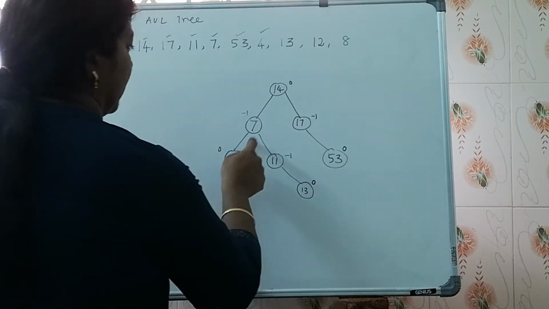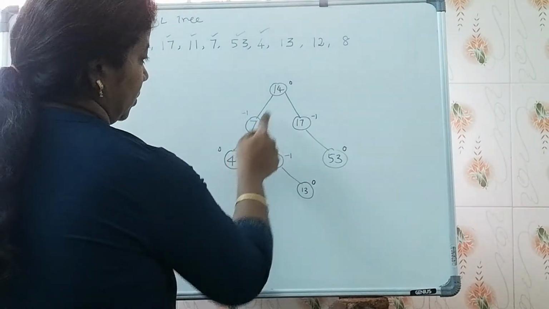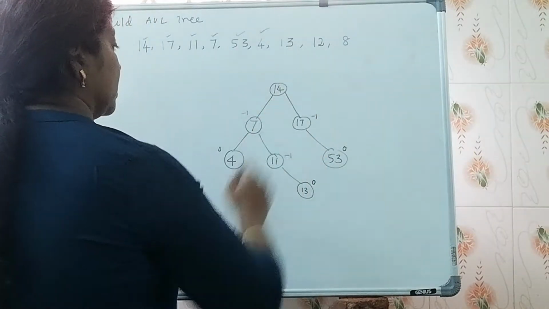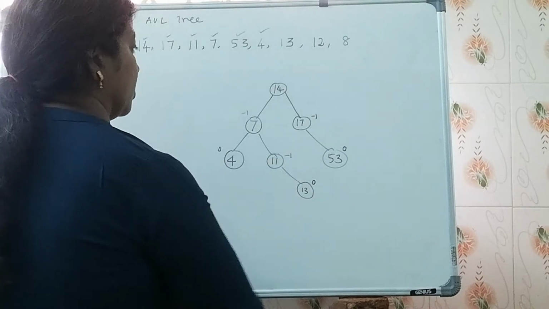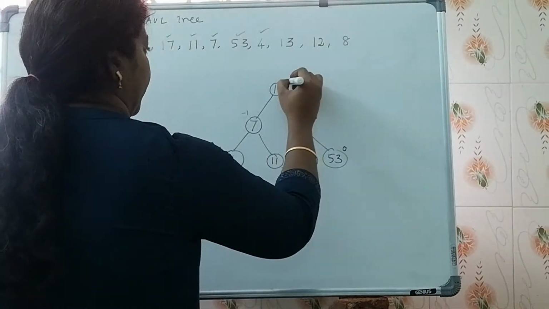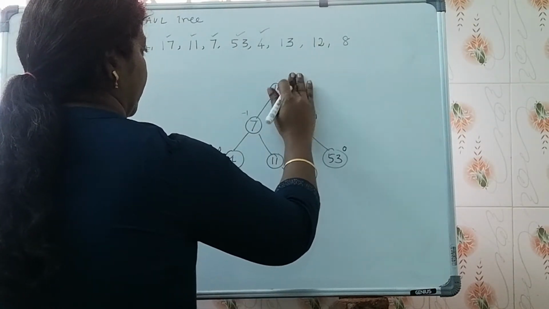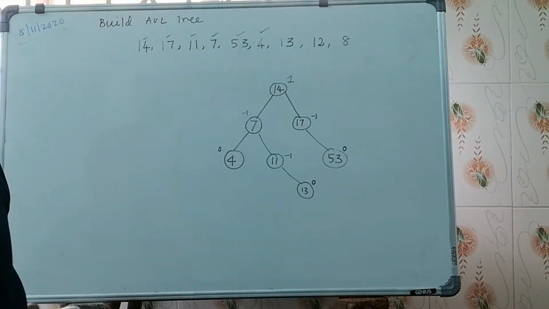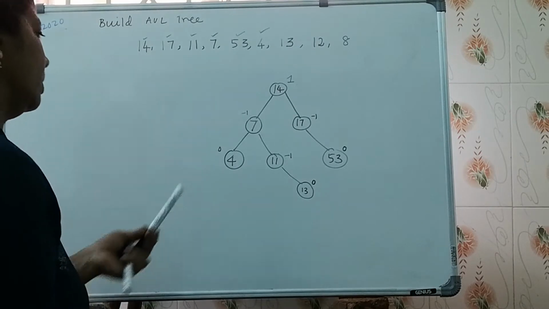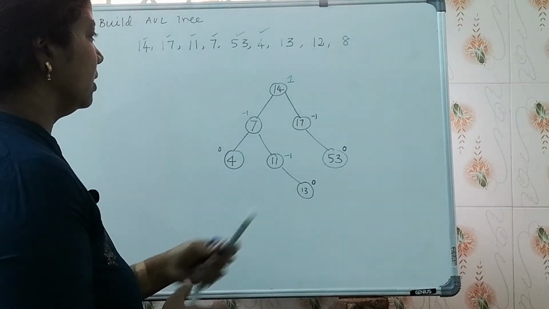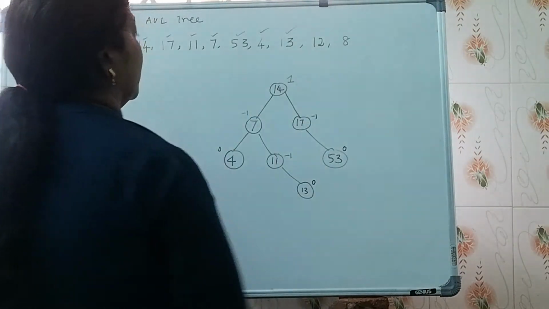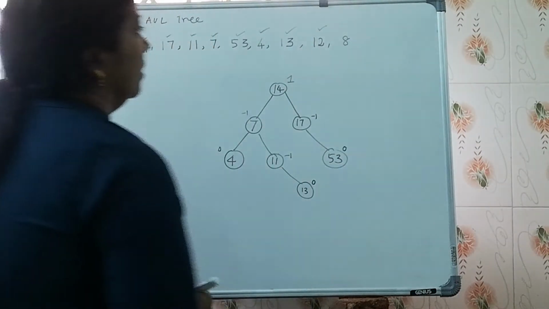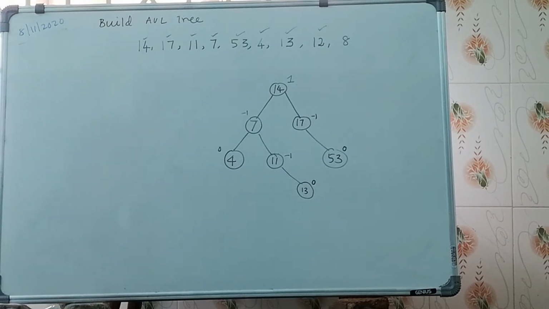This is -1, 1, 2, 1, 2, 3. 3 minus 2, which is 1. This is 1. Now it satisfies the balance factor. So after inserting the node 13, it satisfies the properties of an AVL tree. Now let us take another node whose value is 12.